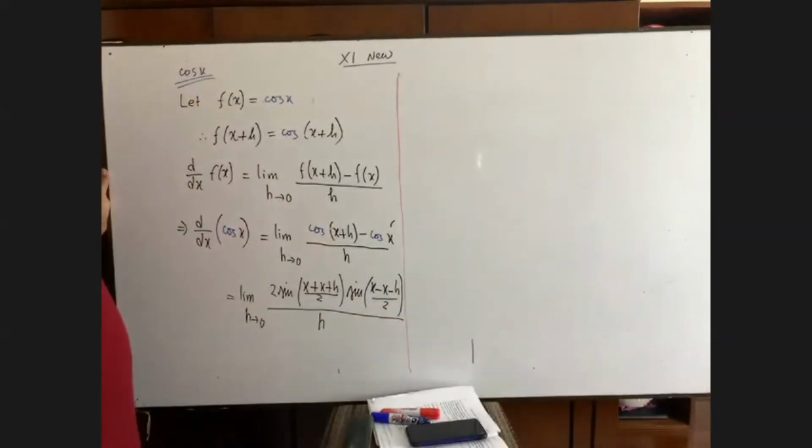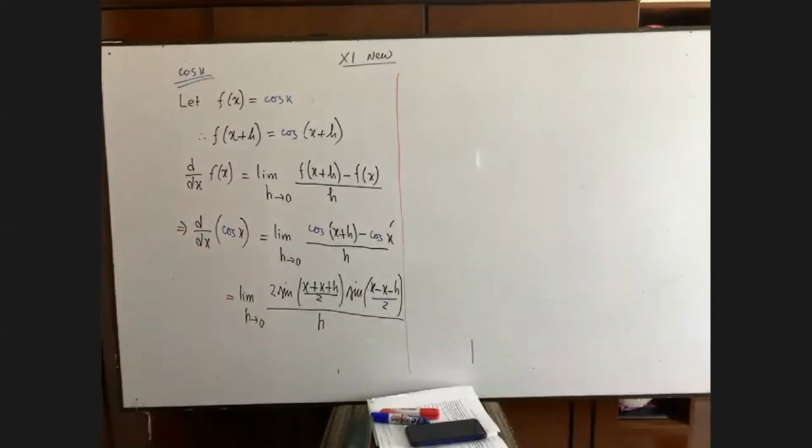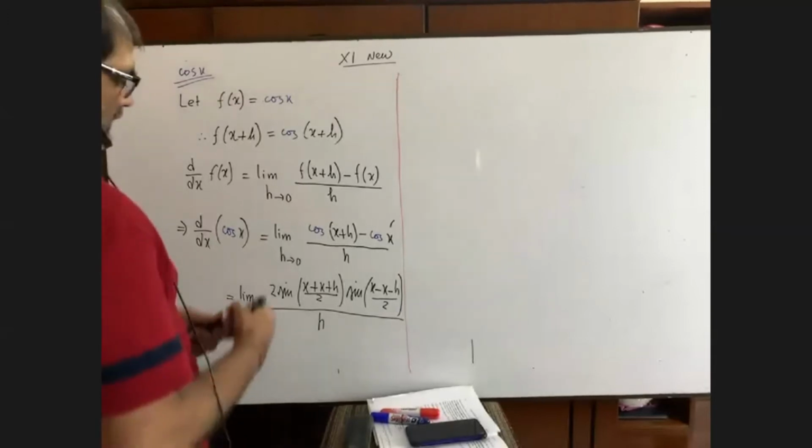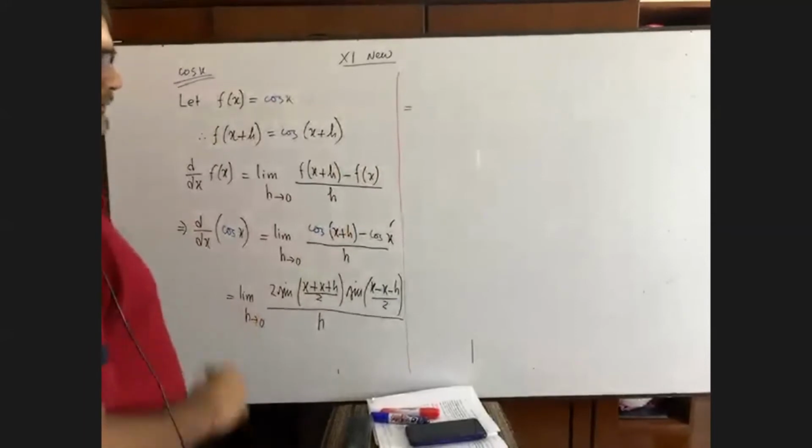I have just put into formula, nothing else I have done here. If you don't understand, please talk to me. Okay. Now we see, have you copied it? Yes, sir.